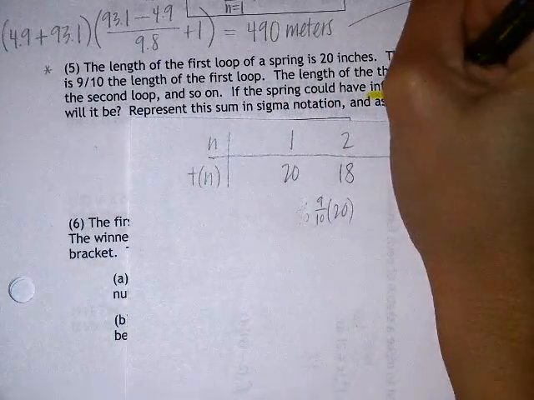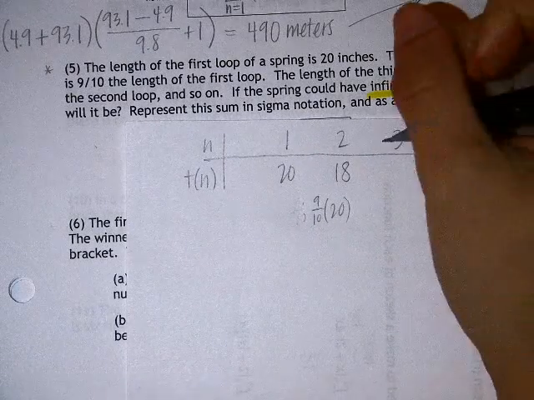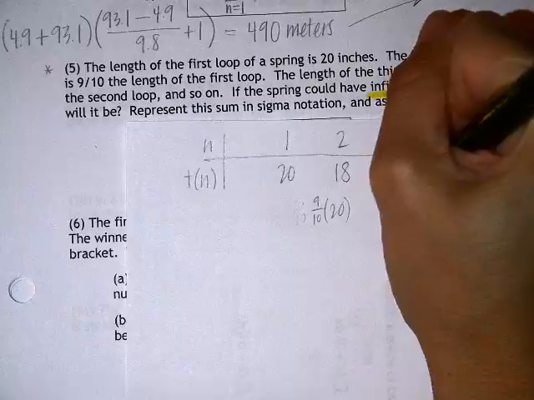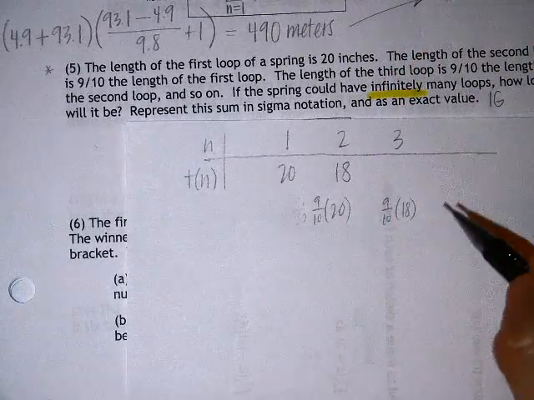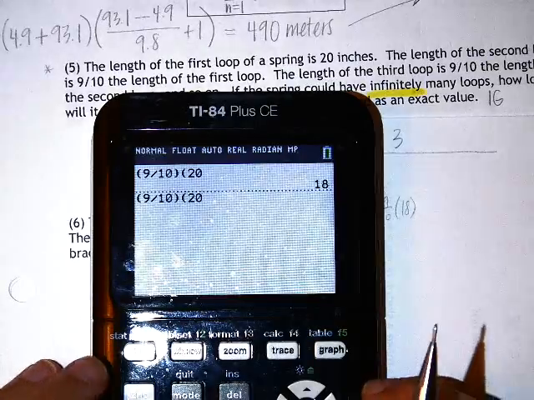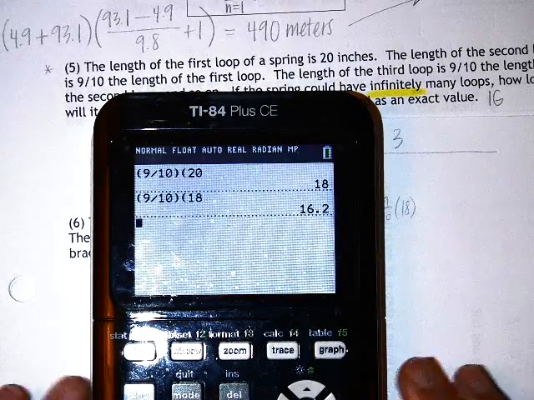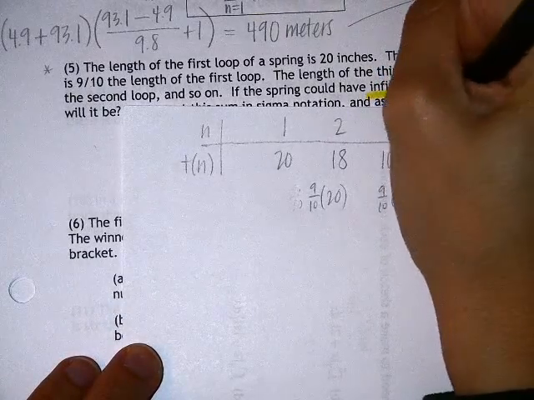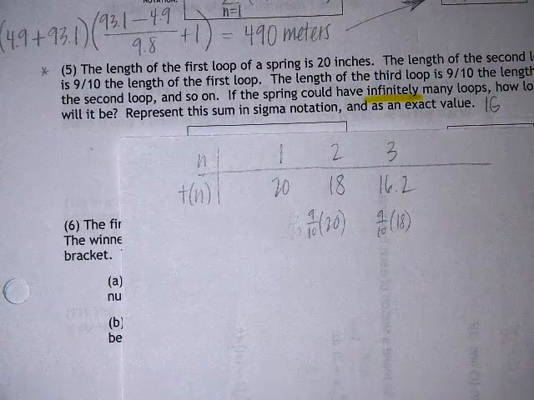So then the third loop is 9/10 the length of the second loop. So that would be 9/10 times 18, which is a little bit harder to simplify just in my head. So 9/10 times 18 would be 16.2, and so on and so forth.